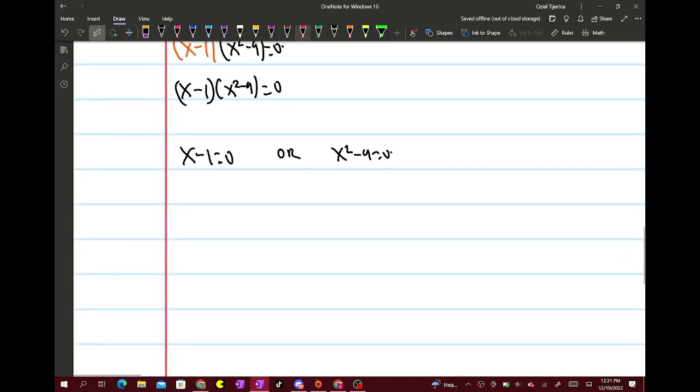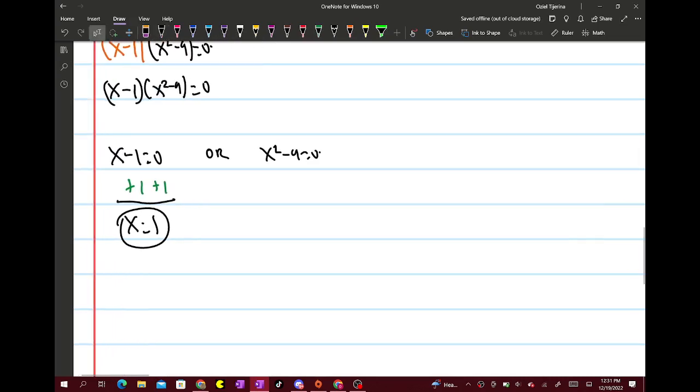To solve x minus 1 equals 0, you add 1 to both sides, so this gives you x equals 1. And for this one, you add 9 to both sides, get x squared equals 9, and then take the square root of both sides.